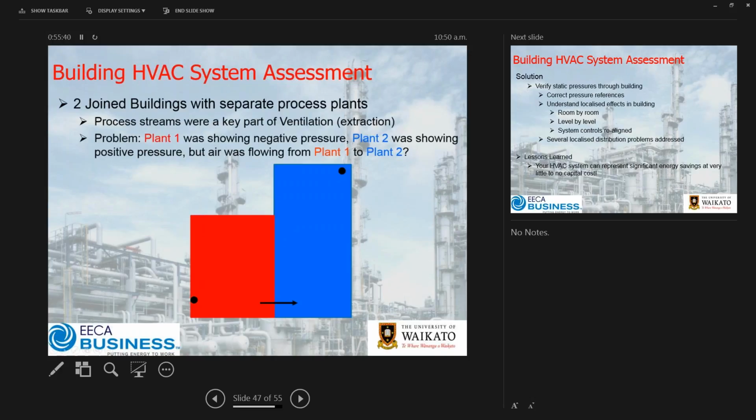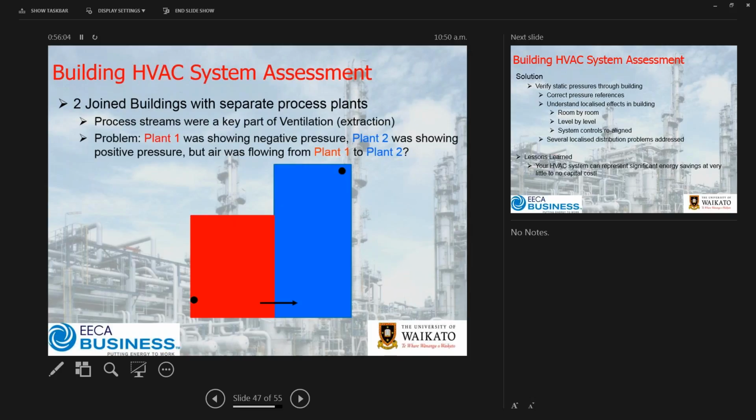page here, is this reference pressure here was not actually referencing the outside ambient air. It had been corrupted, it had been misconnected to another point, which meant that the pressure in that building was actually quite a lot higher than what was being read on the gauge.